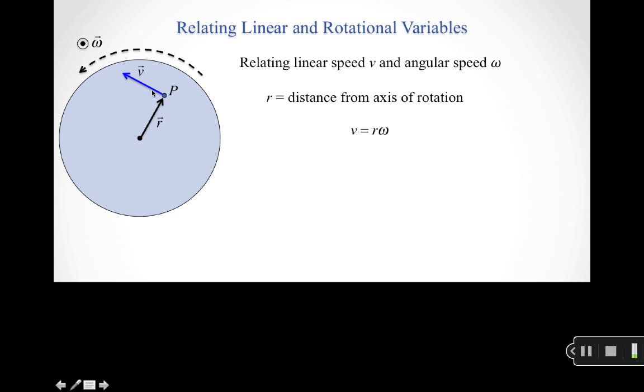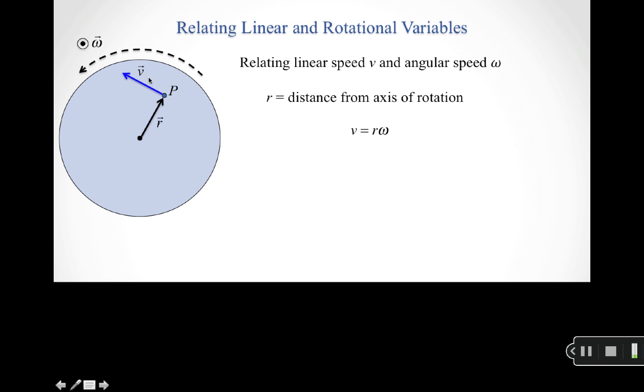Well, how about speeds? So if I'm now thinking about my disk as it rotates counterclockwise, well, I know from my right-hand rule, if I curve the fingers of my right hand in that direction of rotation, then my thumb's going to point out, which tells me that my angular velocity points outward.